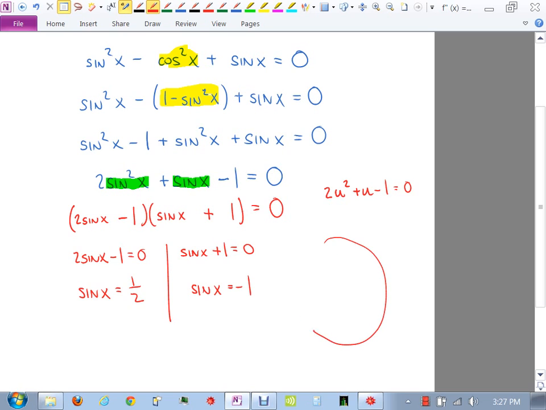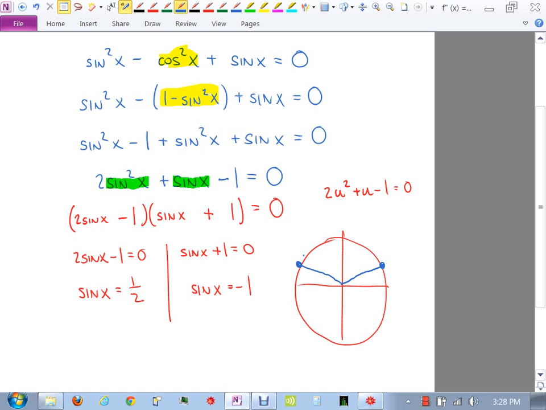So now I'm going to go to my unit circle and ask myself some questions. At what angle is sine x equal to 1/2? So when is the y coordinate 1/2? Those two spots, right?